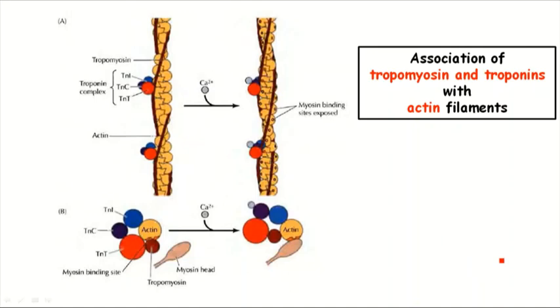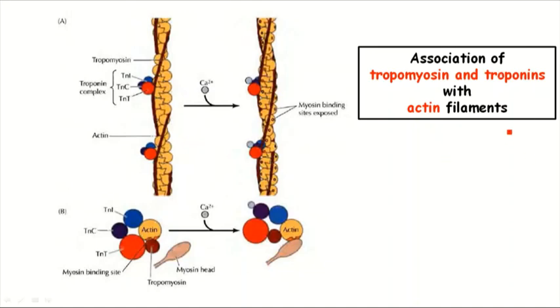Next, the association of tropomyosin and troponin with actin filament. We need to understand this detailed molecular mechanism because of the role of calcium in muscle contraction. In skeletal muscle, contraction is triggered by a nerve impulse, which stimulates the release of calcium from the sarcoplasmic reticulum.